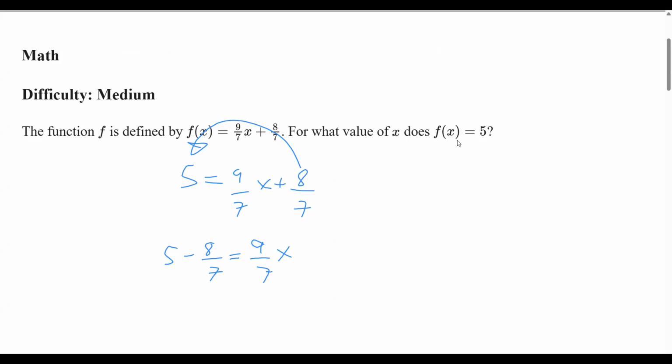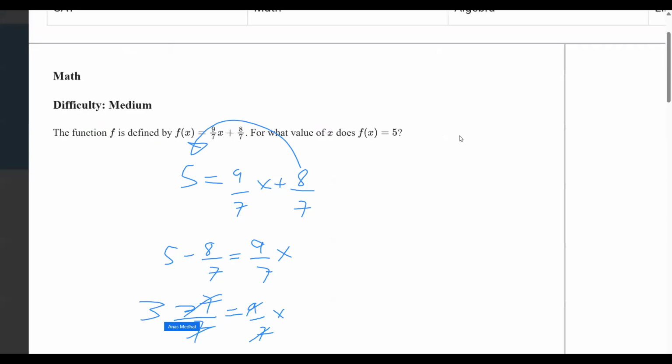Now solve. 5 times 7 is 35. 35 minus 8 is 27 over 7. This will cancel with this, and 27 over 9 is 3. So the answer should be 3. x is equal to 3.